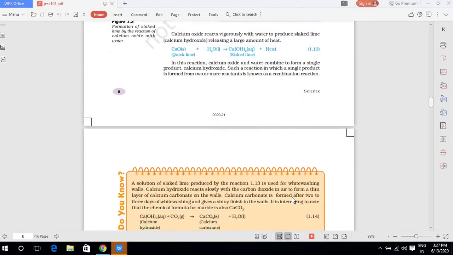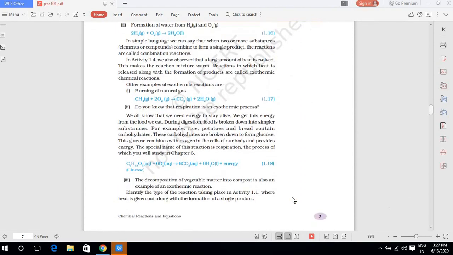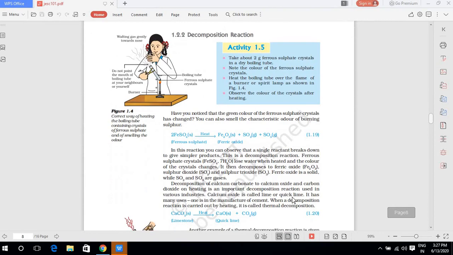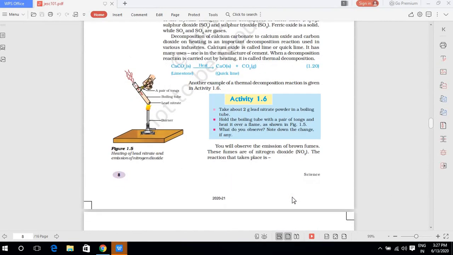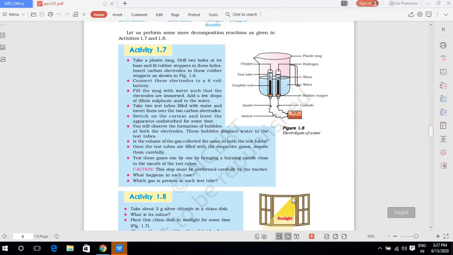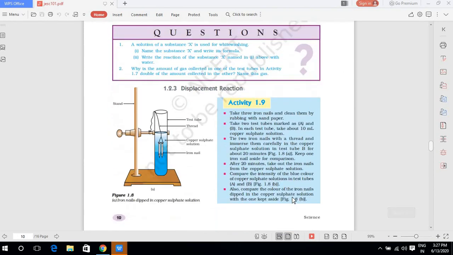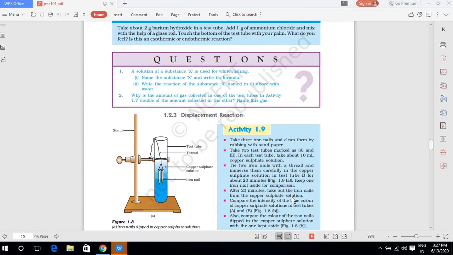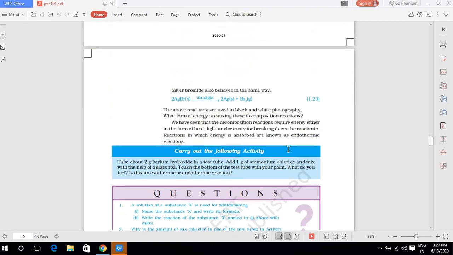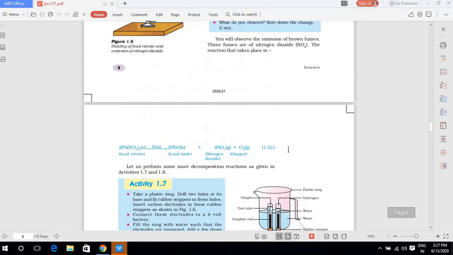Then the next one is displacement reaction.